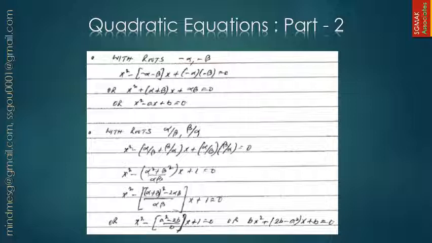Following the same logic, the equation is bx squared plus (2b minus a squared) times x plus b equals 0. So we're simply utilizing the relationship of the sum of the roots and the product of the roots. For any quadratic equation, the equation can be written as x squared minus sum of the roots times x plus product of the roots equals 0.